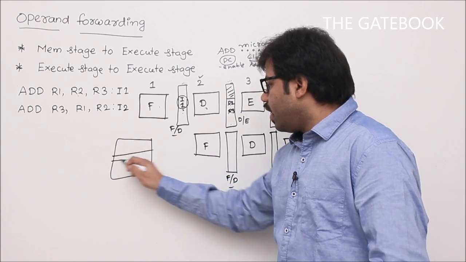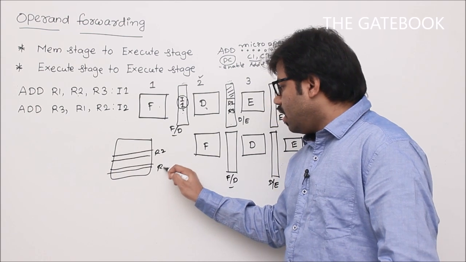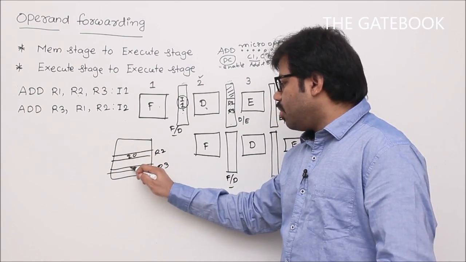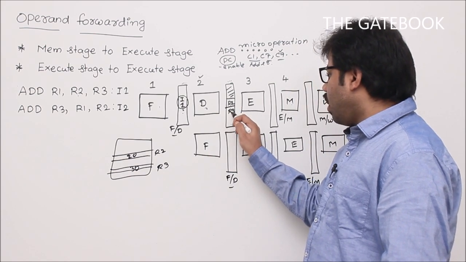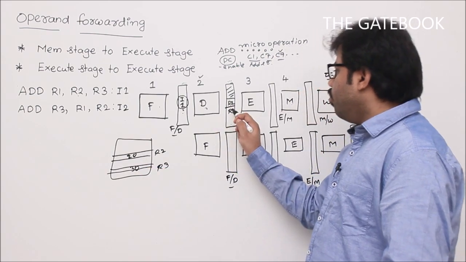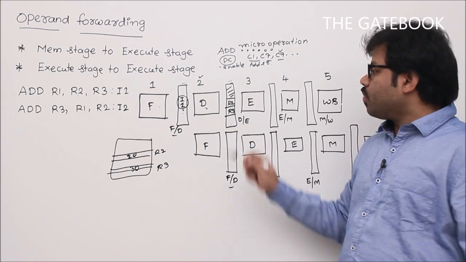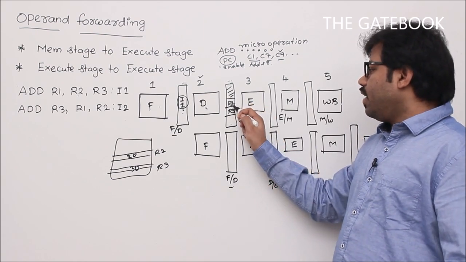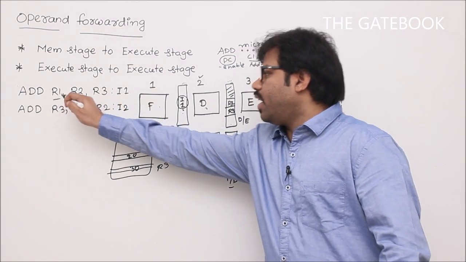In the register file, R2 will be selected, R3 will be selected, and the content, let us say 20 and 30, will be sent here. Though I am writing R2 and R3, that means the contents of R2 and R3 will be moved to this buffer. At the end of the second clock cycle, this buffer is going to have 20 and 30. Apart from that, R1 also, the identifier of R1.